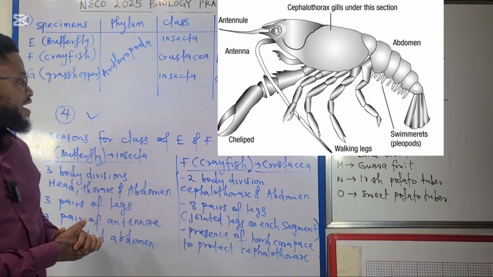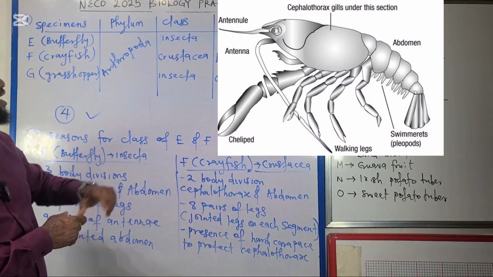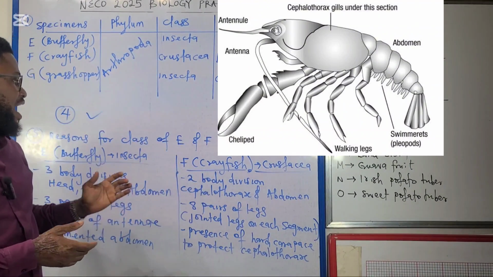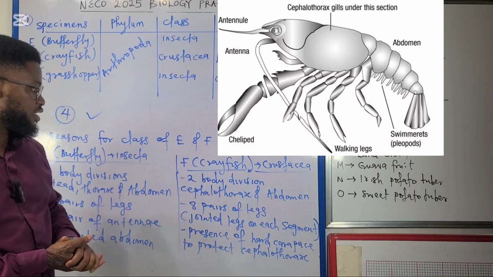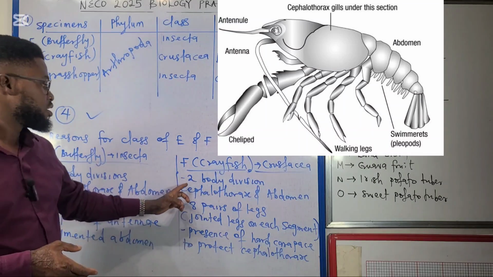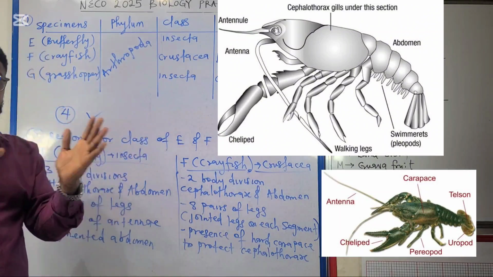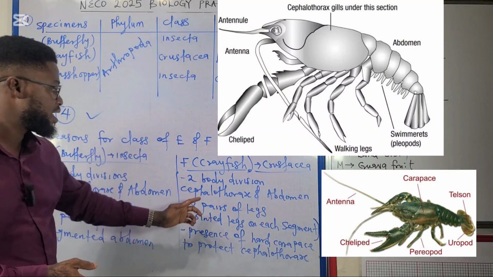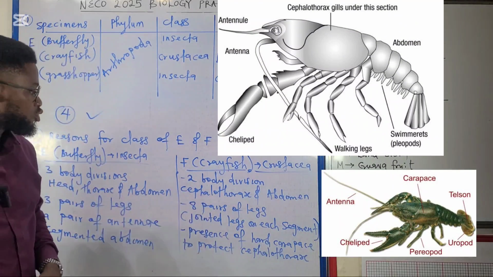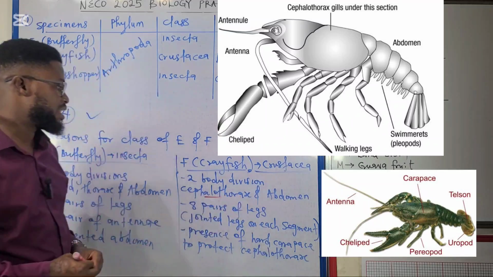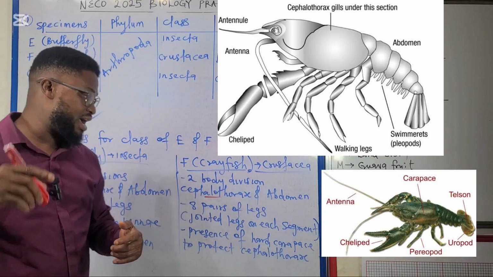Now, for specimen F, why are we putting it into the class Crustacea? It's very simple. Specimen F is a crayfish. It has 2 body divisions. You have the cephalothorax, the head and the chest region, the thorax, fused together to form the cephalothorax. And of course, you can see that in the diagram on your screen.